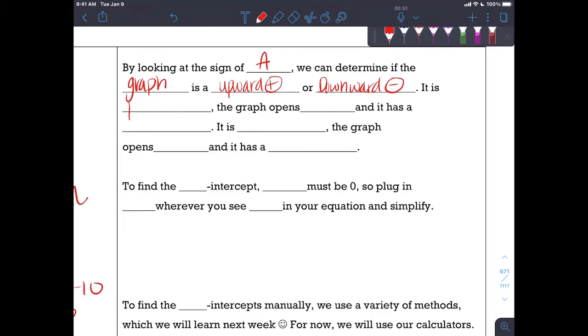When it is positive, the graph opens up and it has a minimum. When it is negative, it opens down and has a maximum.